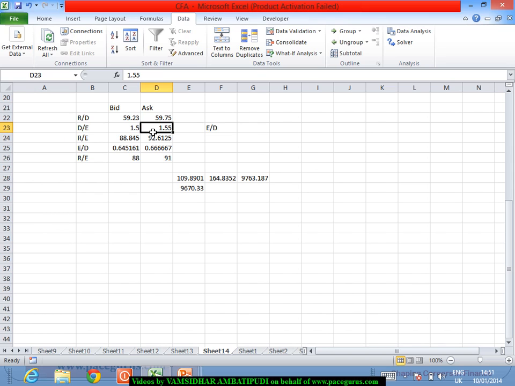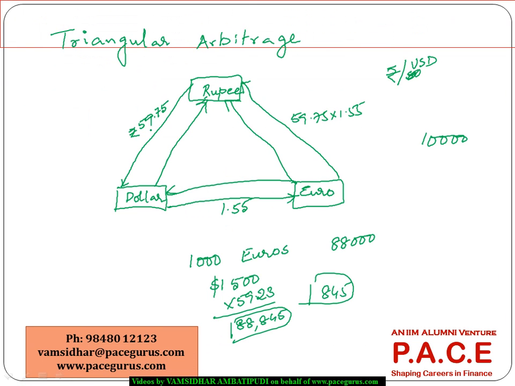So that is how we look at the cross currency rate and triangular arbitrage as a mechanism to profit from the foreign currency differences in three different currencies. Using three or more currencies, we can create this kind of cross currency arbitrage opportunity.